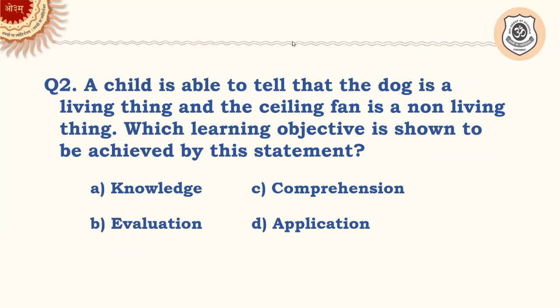Next question. A child is able to tell that the dog is a living thing and a ceiling fan is a non-living thing. Which learning objective is shown to be achieved by this statement? Knowledge, ma'am. Evaluation.